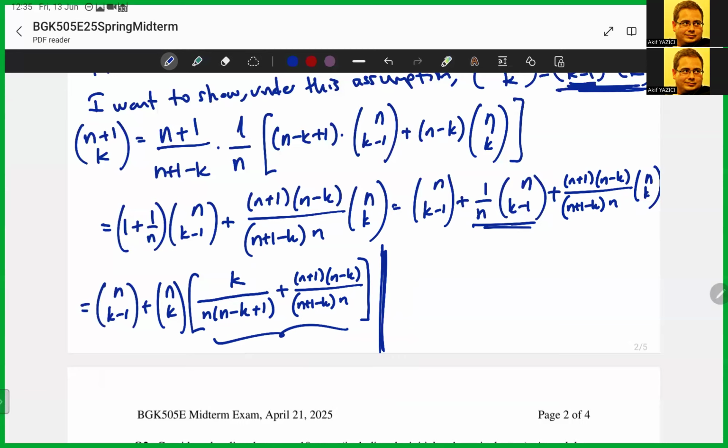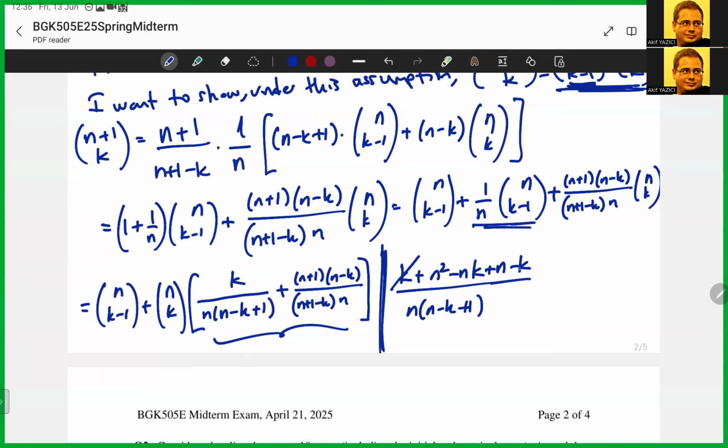Let's look at the denominators. The denominators are the same, n times n minus k plus 1. And therefore, I will have in the numerator k plus n plus 1 times n minus k. If this turns out to be 1, I will be done. So I'm going to expand it: n squared minus n times k plus n minus k.